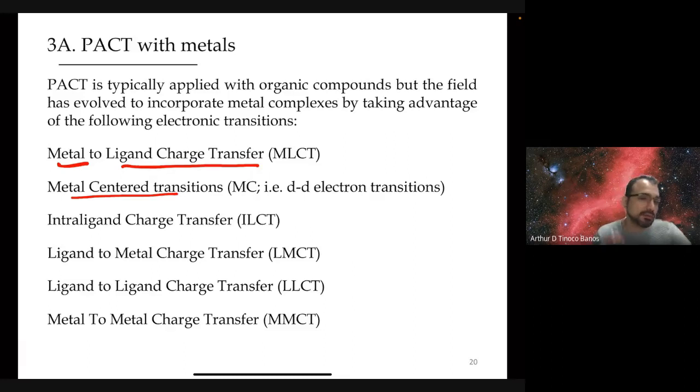That may seem like something you have not heard before, but you actually have. Those are the d-d electronic transitions, because those are transitions occurring within the orbitals of the metal itself. You have intra-ligand charge transfer, ligand to metal charge transfer, ligand to ligand charge transfer, and even metal to metal charge transfer. These types of excitations are things that can be exploited for this technology.